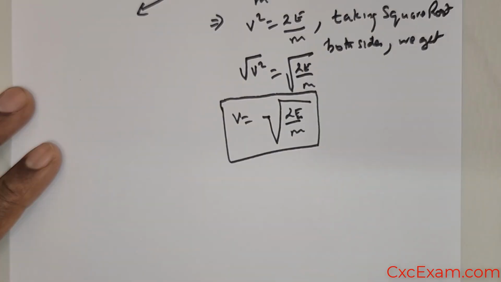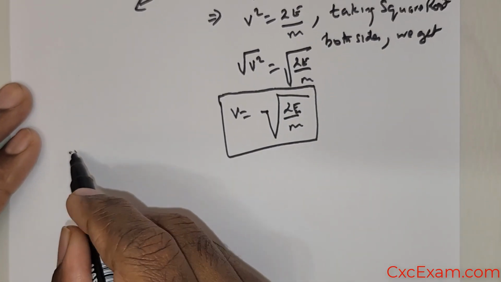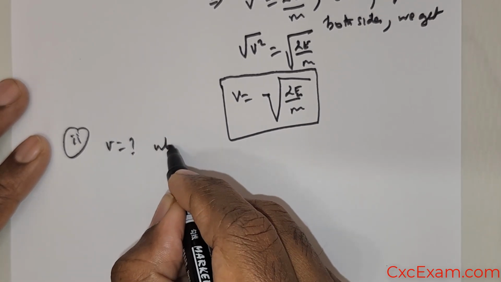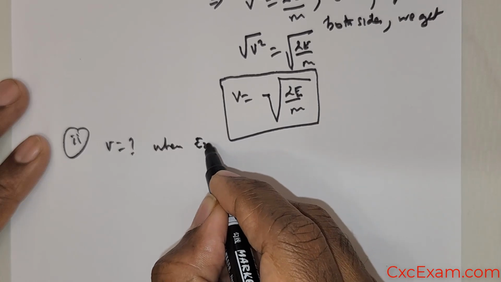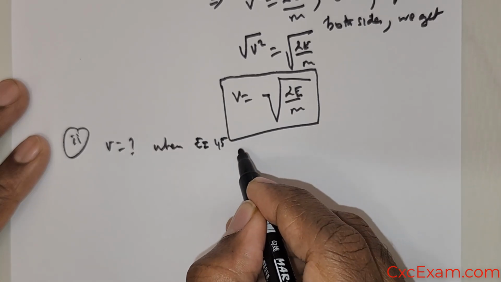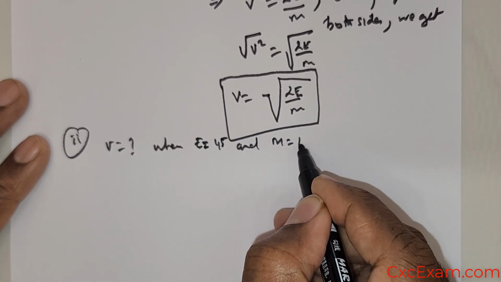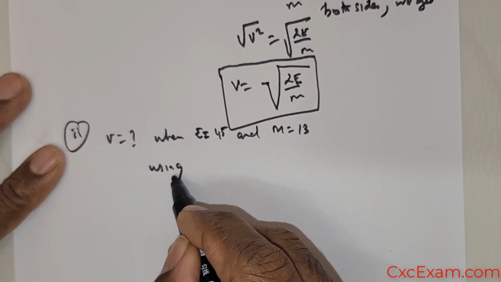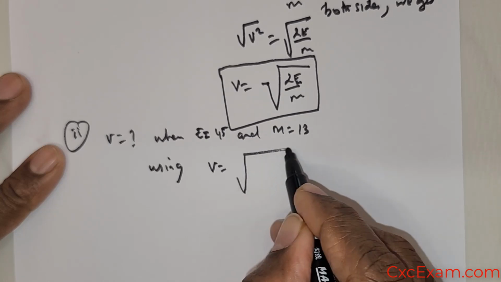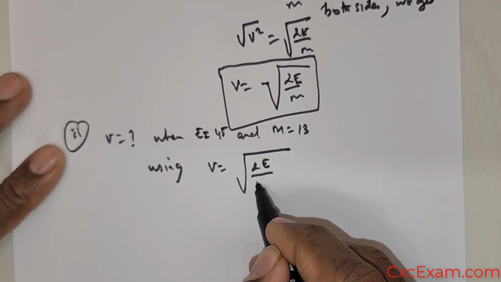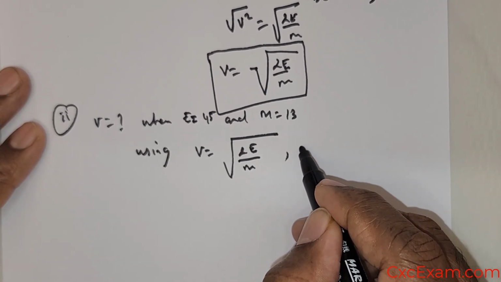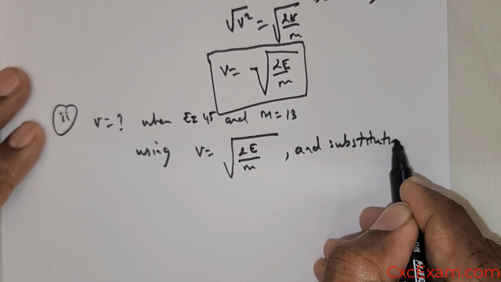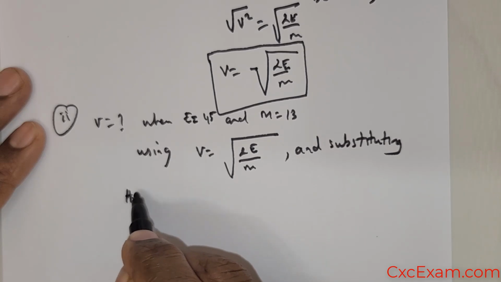So let's move on. Students, this is the second part of the question. We are asked to find the value of V when E is equal to 45 and m is equal to 13. So this is a solution using V is equal to the square root of 2 times E over m, and substituting the values.